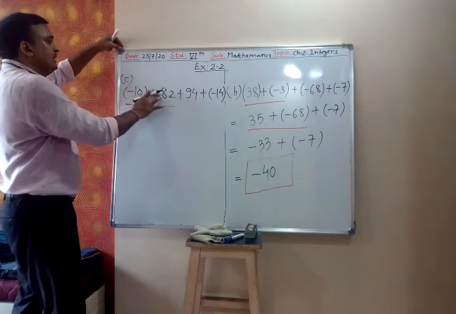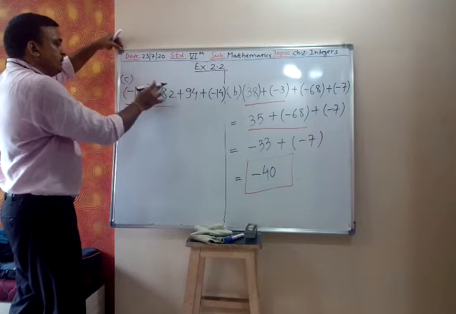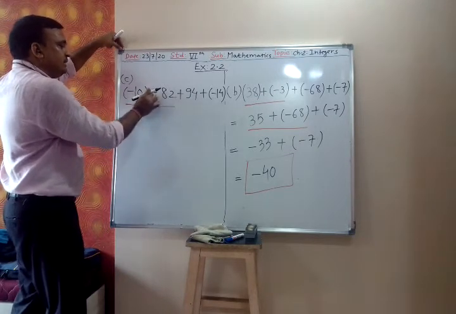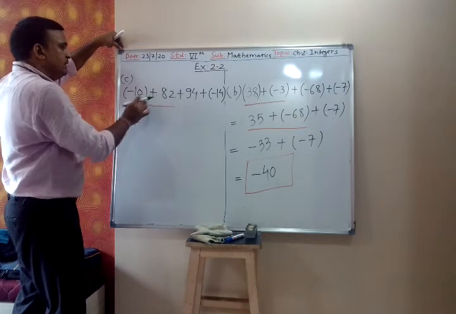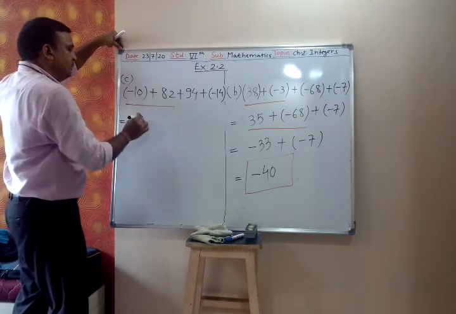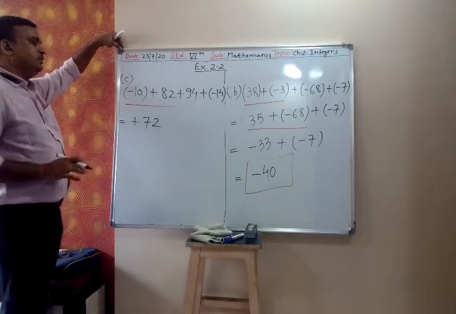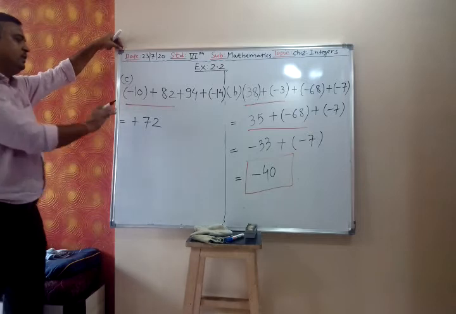Which number is bigger? 82. What is sign of that? Plus. So we write plus 82 minus 10. 82 minus 10 is 72. We write plus 72 or only 72.